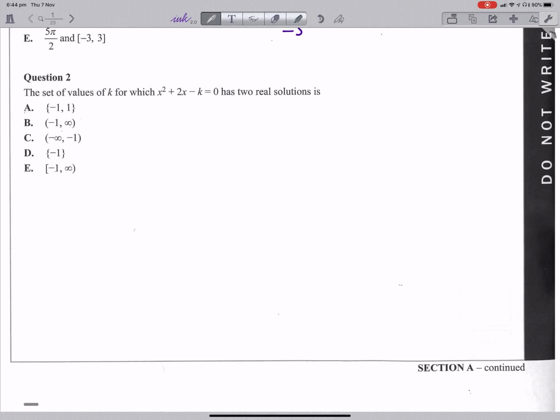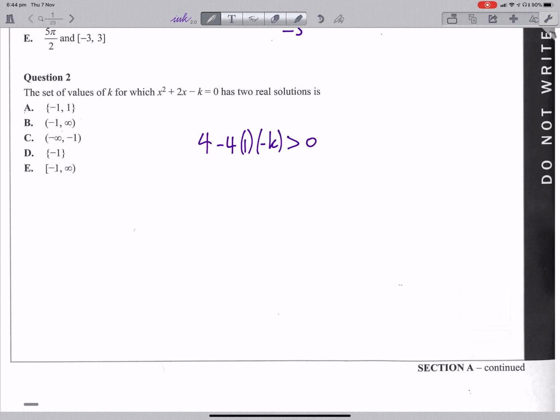Set of values for k for which that has two real solutions: our discriminant, b squared, 2 squared, minus 4 times 1 times -k has to be greater than 0.